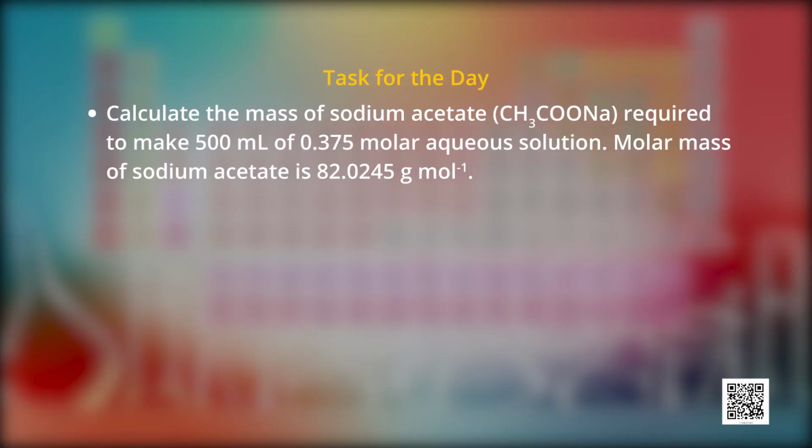Task for the day. Solve the numericals displayed on the screen. The first one is calculate the mass of sodium acetate required to make 500 milliliter of 0.375 molar aqueous solution. Molar mass of the sodium acetate is 82.0245 gram per mole.